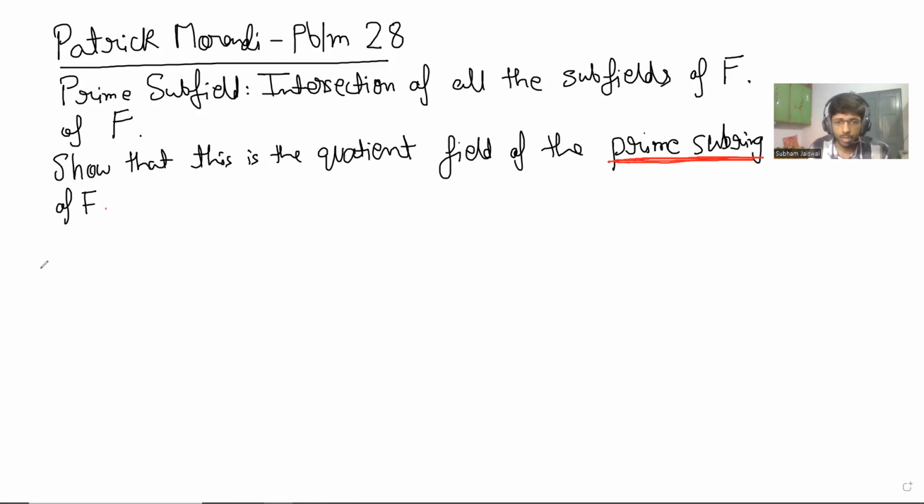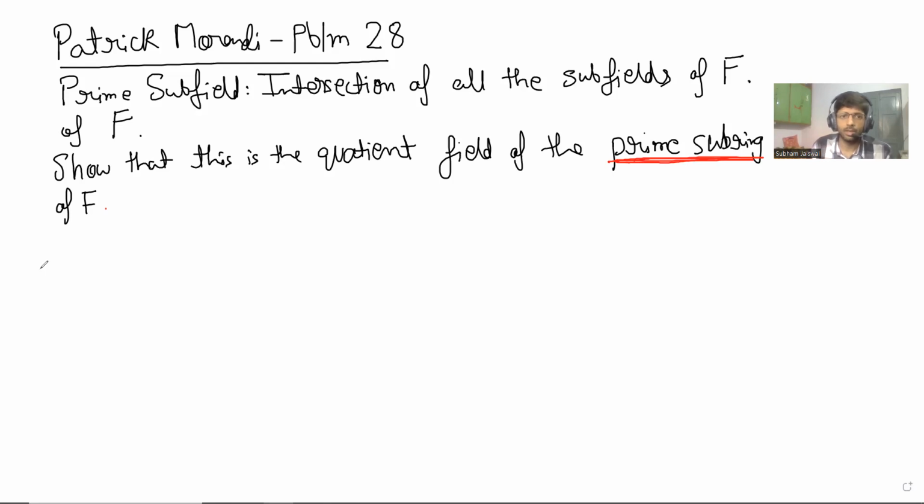Now show that this subfield is the quotient field of the prime subring of F, that it is contained inside all subfields of F by definition, and that it is isomorphic to Fp or Q depending on whether the characteristic of F is P or 0.